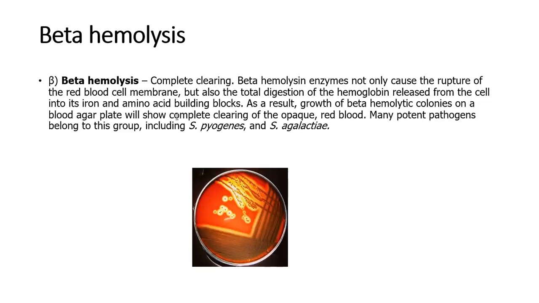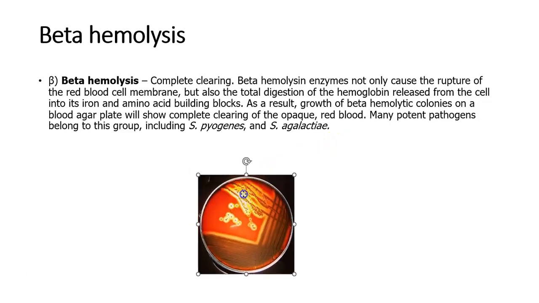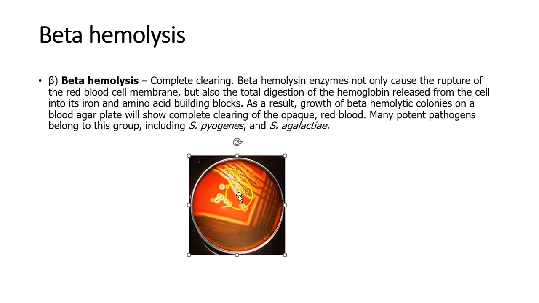And they release the cell. You get release from the cell of iron and the amino acid building blocks, but as a result, the growth of beta hemolytic colonies shows what's called complete clearing. It will absolutely take these red blood cells and clear them out.